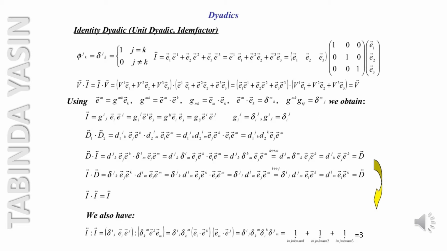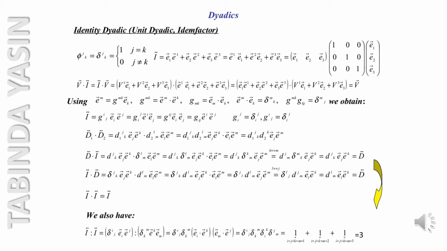When we take the dot product of dyadic I dot D dyadic, we again get the D dyadic. So I dyadic dot I dyadic is equal to I dyadic. We also obtain I dyadic double dot I dyadic, that is equal to delta_ij e_j e_k e_m, which is delta_ij delta_km times e_i dot e_k times e_m dot e_j, that gives delta_ij delta_ik delta_jm, and that gives 1 plus 1 plus 1, that is the quantity 3.